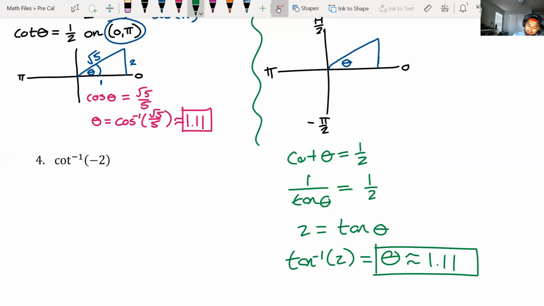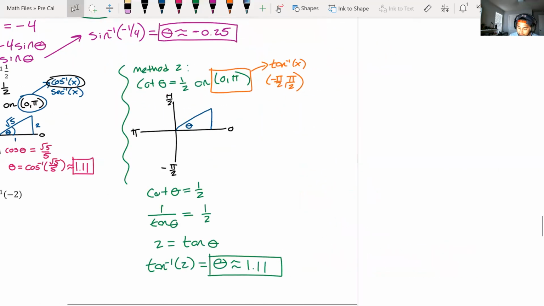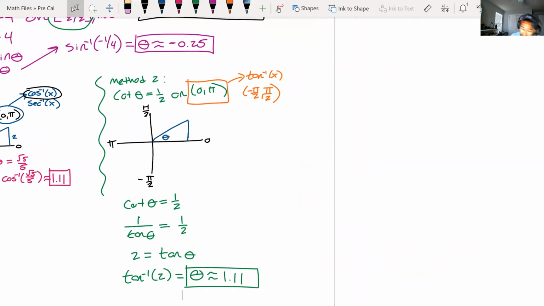So this only works if the inverse cotangent is positive? Exactly. Now we can actually write a formula. The inverse cotangent of x is equal to the inverse tangent of what? 1 over x.